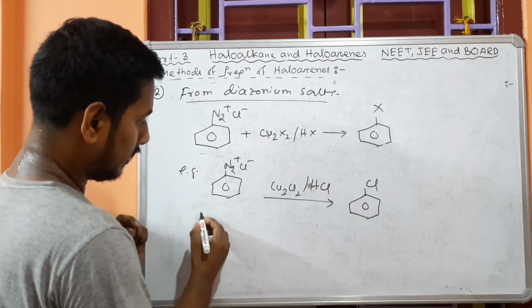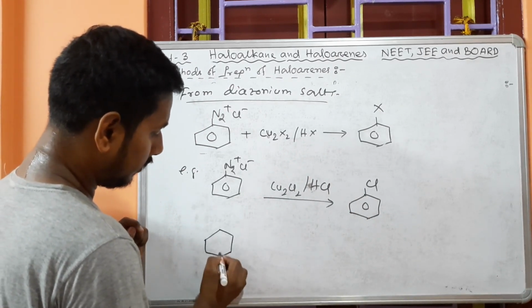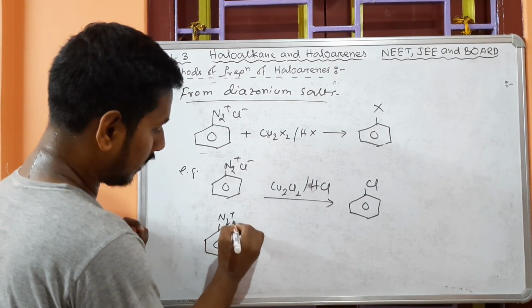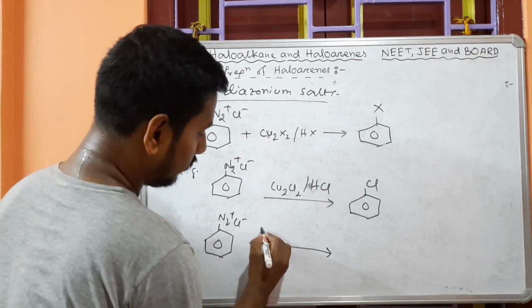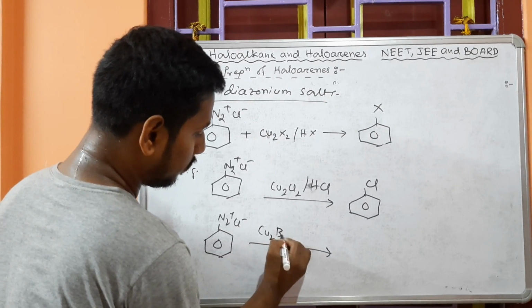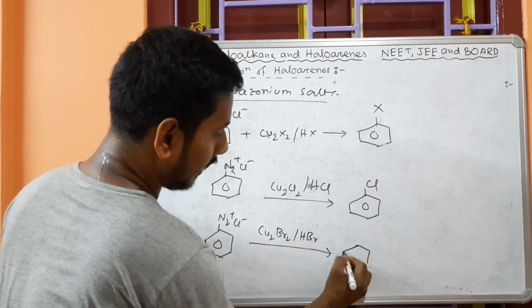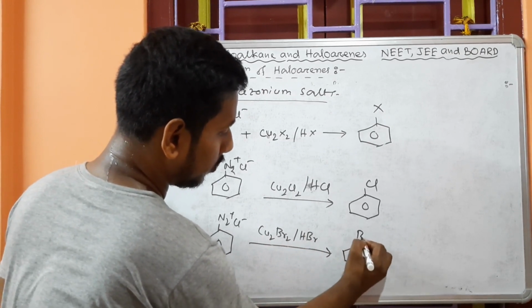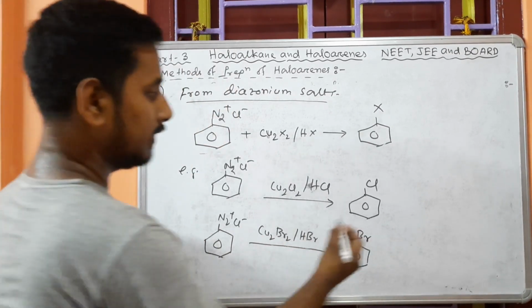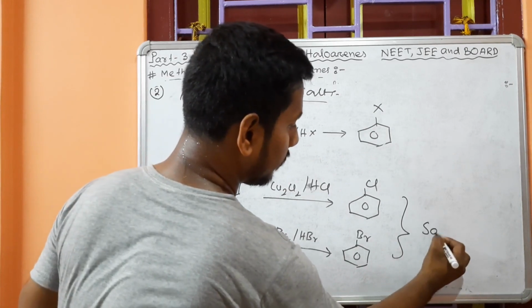Again, if you give N2+ Cl− with Cu2Br2 and HBr, then you get bromobenzene, and this reaction is called Sandmeyer reaction.